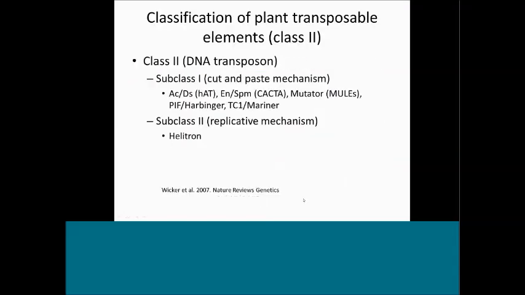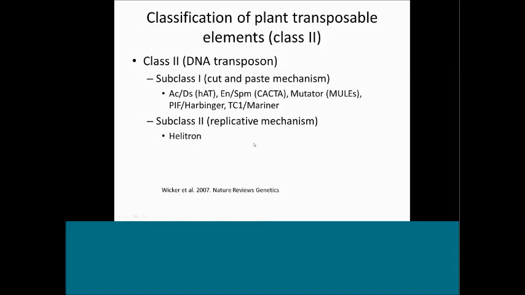The class 2 elements are also called DNA transposons because they use DNA directly as the intermediate for transposition. They can be divided into two subclasses. Subclass 1 uses a cut and paste mechanism: cut the element out, then insert it into another place.